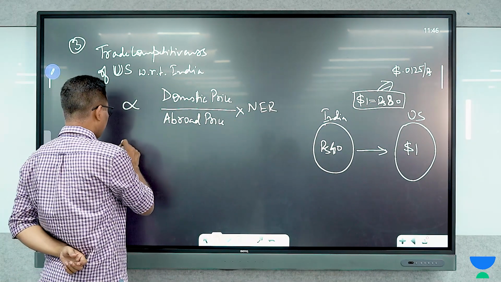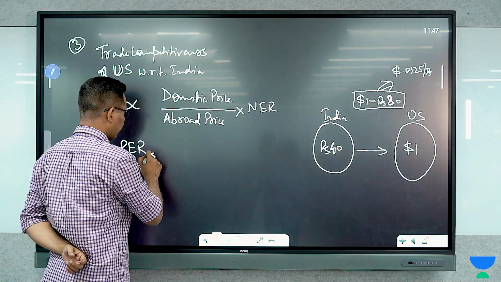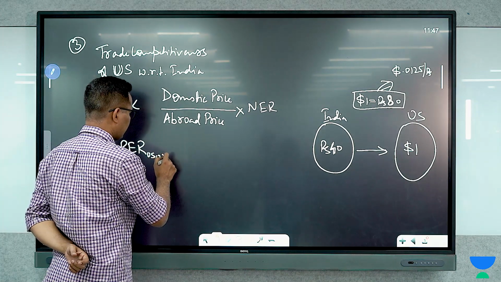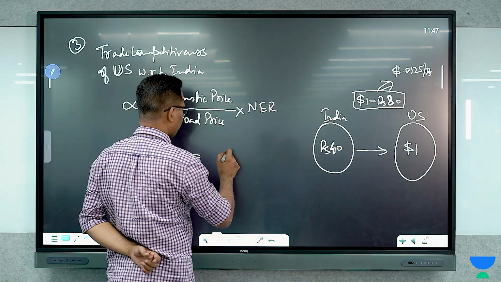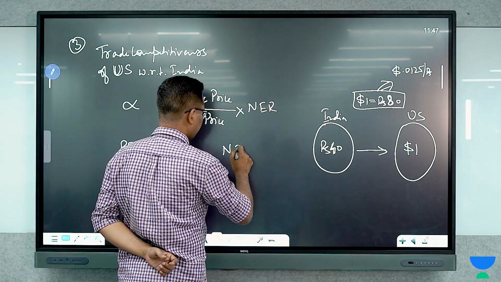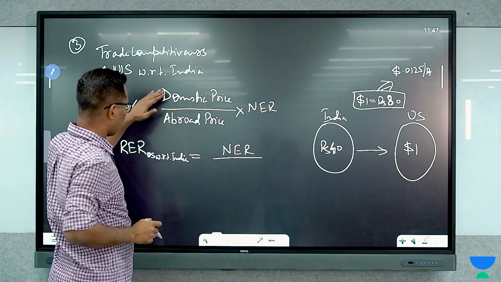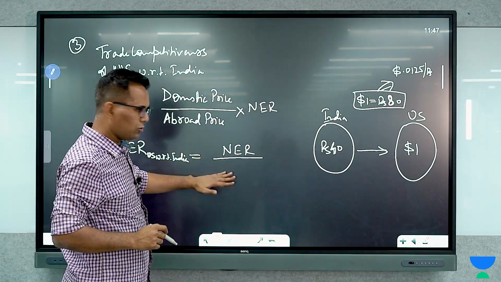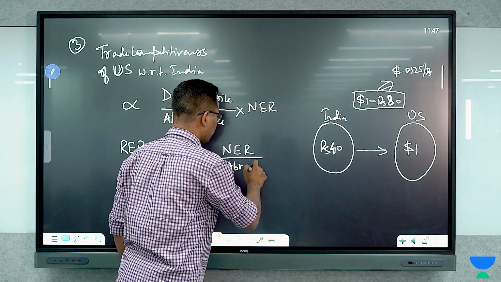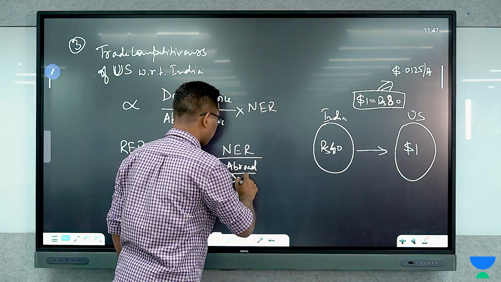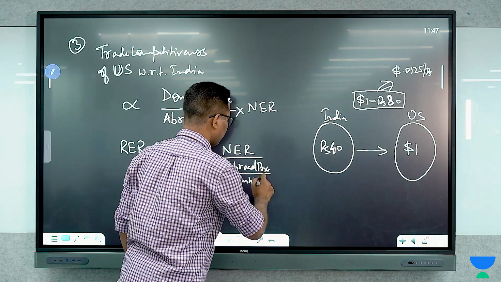This is called the real exchange rate of US with respect to India. And this is basically equal to NER divided by, now this term domestic price upon abroad price, if you bring it here, it will become abroad price upon domestic price.